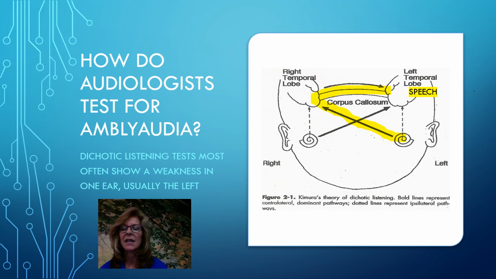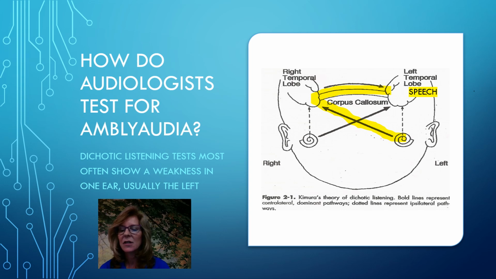And what we often see is something called a left ear weakness. So when you look at that diagram again, I've added the word speech on the left side of the brain because most of us have our speech centers on the left side. If I put two words in the ears at the same time, for example, the word car into the right ear and shoe into the left ear simultaneously, both words want to go to the left side of the brain where that little speech box is in your picture.